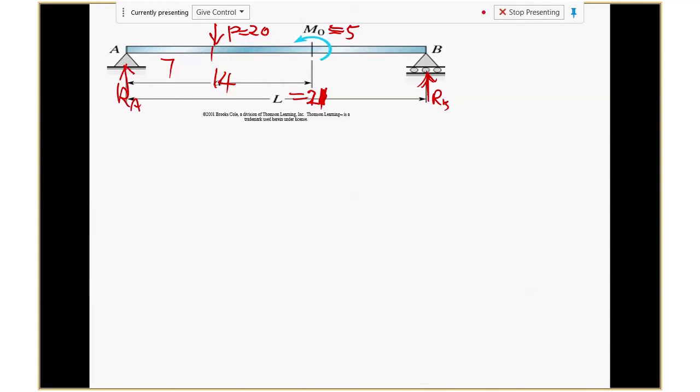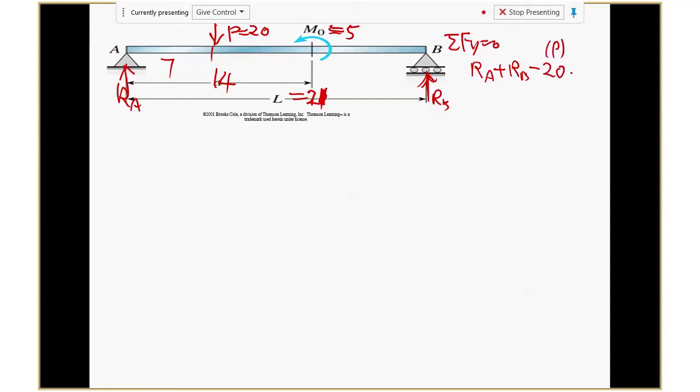Now write the equations of equilibrium to find RA and RB. What's the first equation? Sigma Fy equals 0, right? So what do you have? RA plus RB minus P, so minus the 20, and that is the P value.